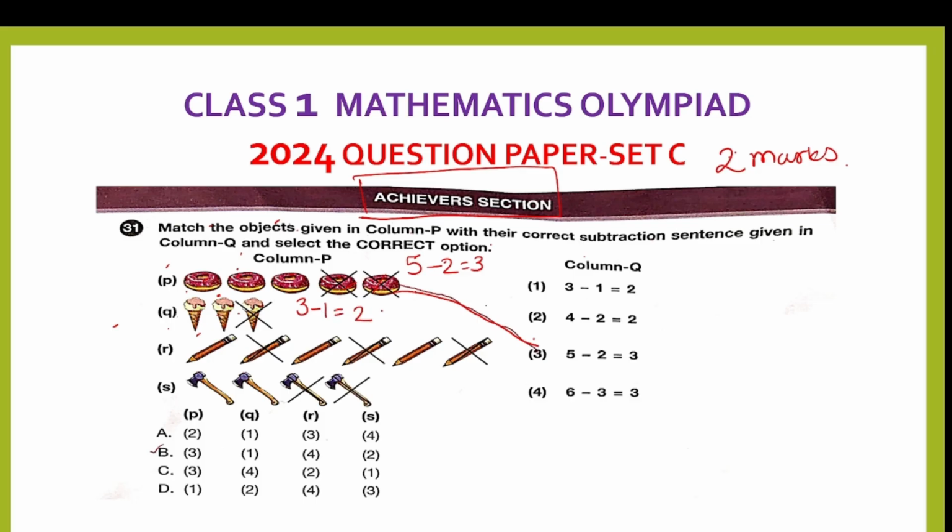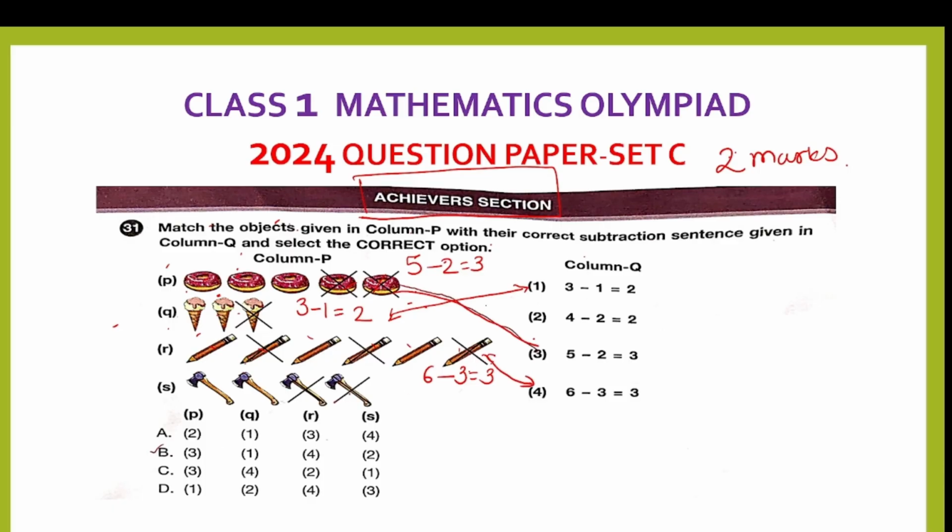So 3 minus 1 is 2, which is in column Q, option number 1. Similarly, in the R statement, there are 1, 2, 3, 4, 5, 6 pencils, and among these, 3 get cancelled. So 6 minus 3 is 3, which goes to the fourth one.